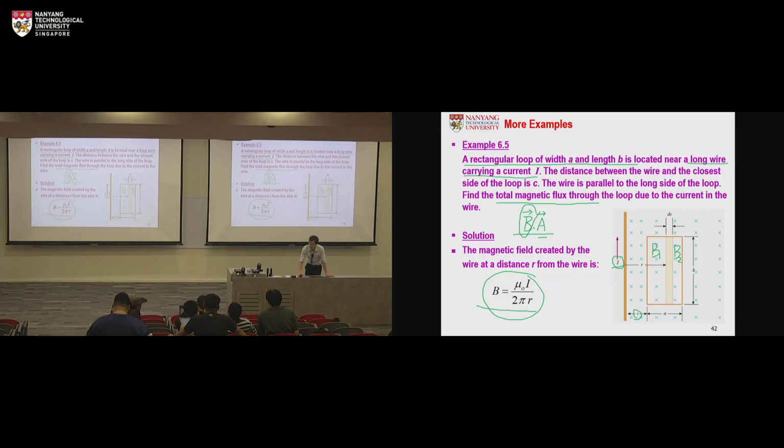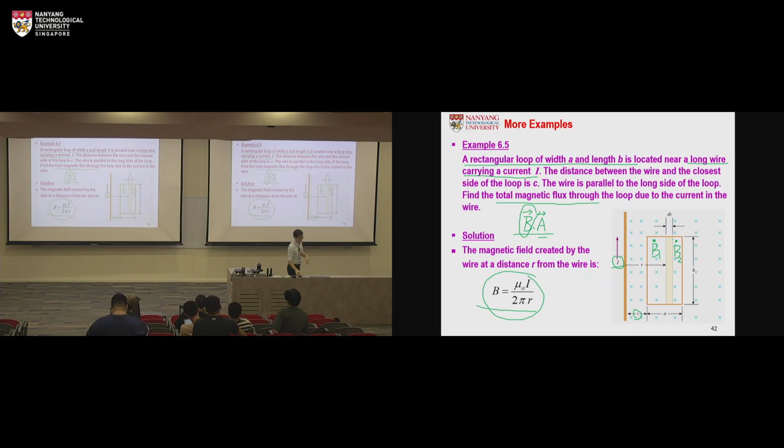This B1, B2 we already know same direction. How about magnitude? Is it the same? Just these 2 points. B1, B2 are the same? Why?